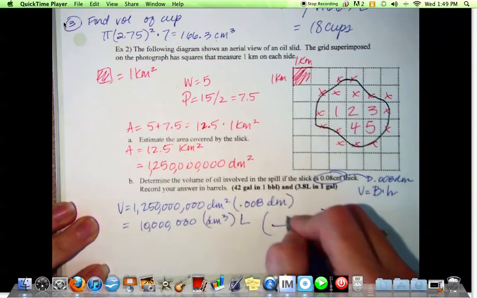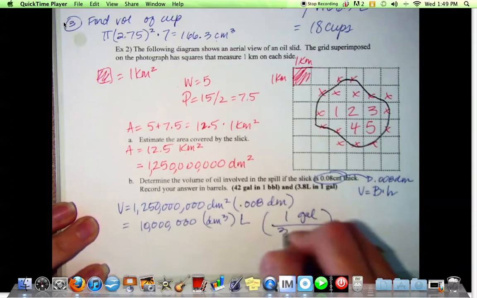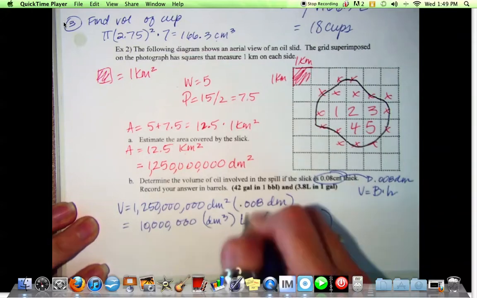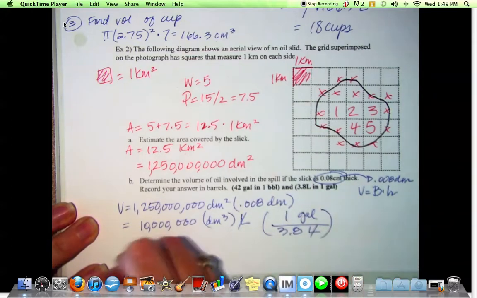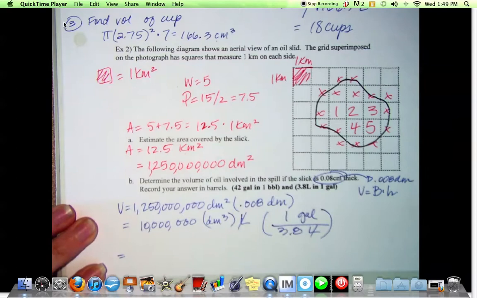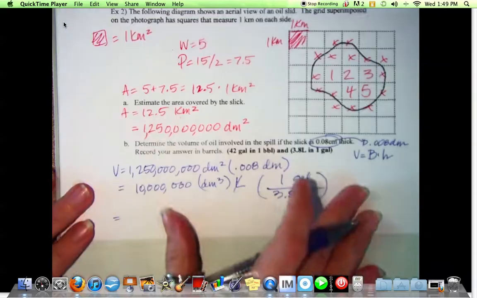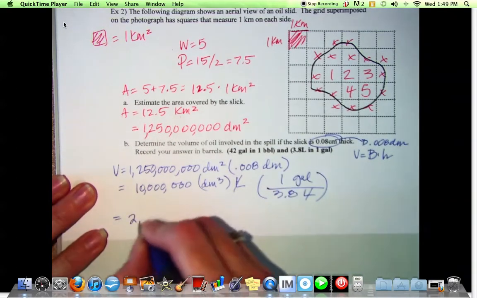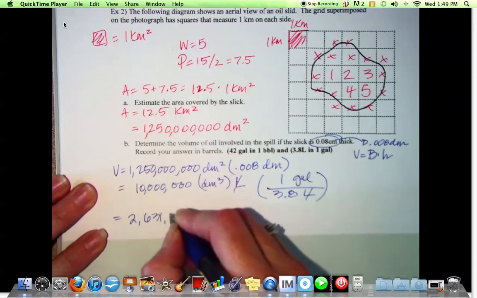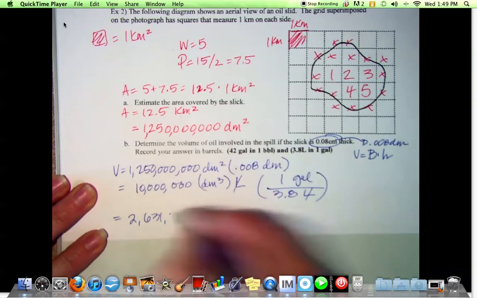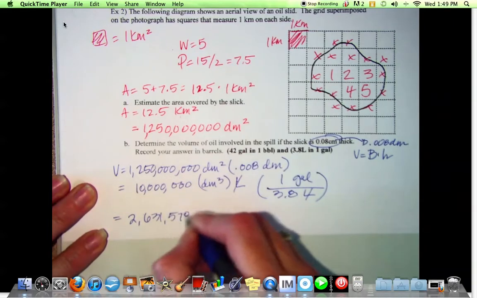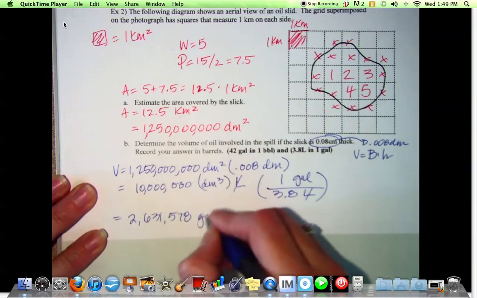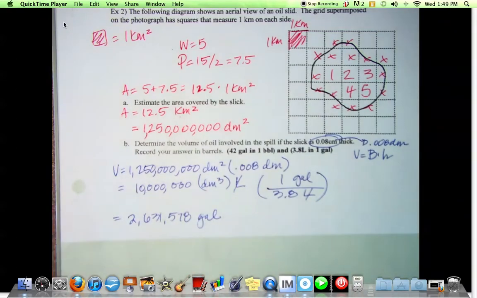Okay, so I have 1 gallon is equal to 3.8 liters, and I am dividing. Correct. So that gives me 10 million divided by 3.8, which is 2,631,578. Yep, you were right. That's gallons. And I need my answer in barrels. So now what?